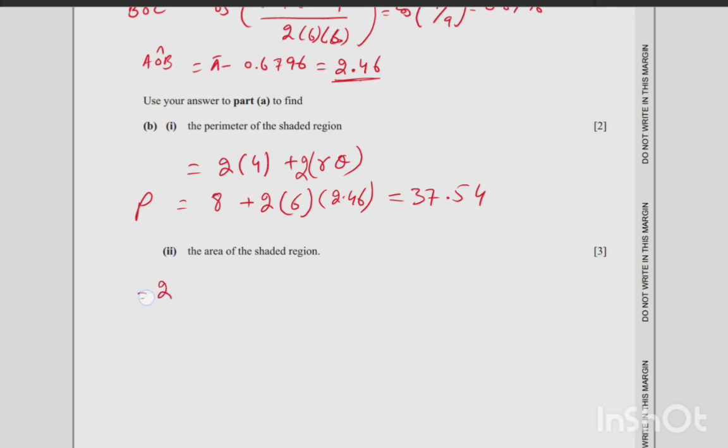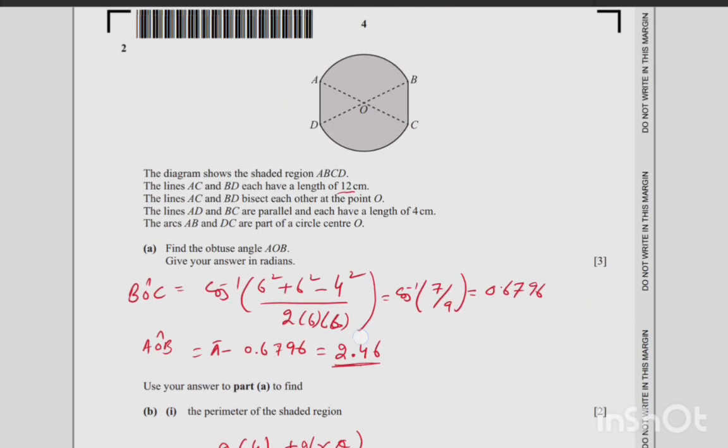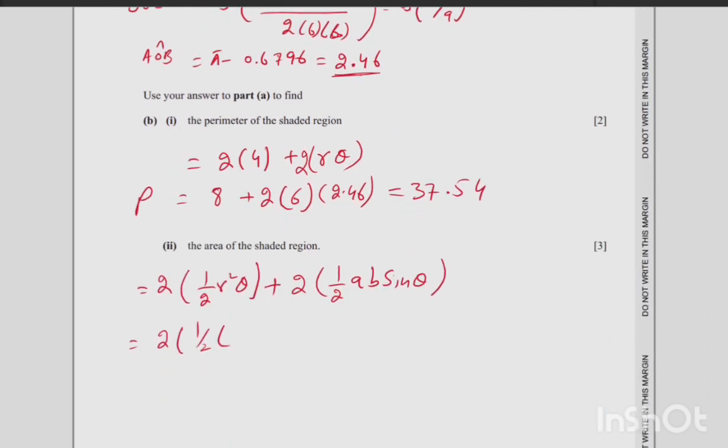First of all, we have to use the sector formula: 1 over 2 r squared theta, plus two triangles, 1 over 2 ab sine theta. Okay, dear friends, 2 into 1 over 2. What's the value of r? The r value is 6, so r squared is 6 squared and theta is 2.46.